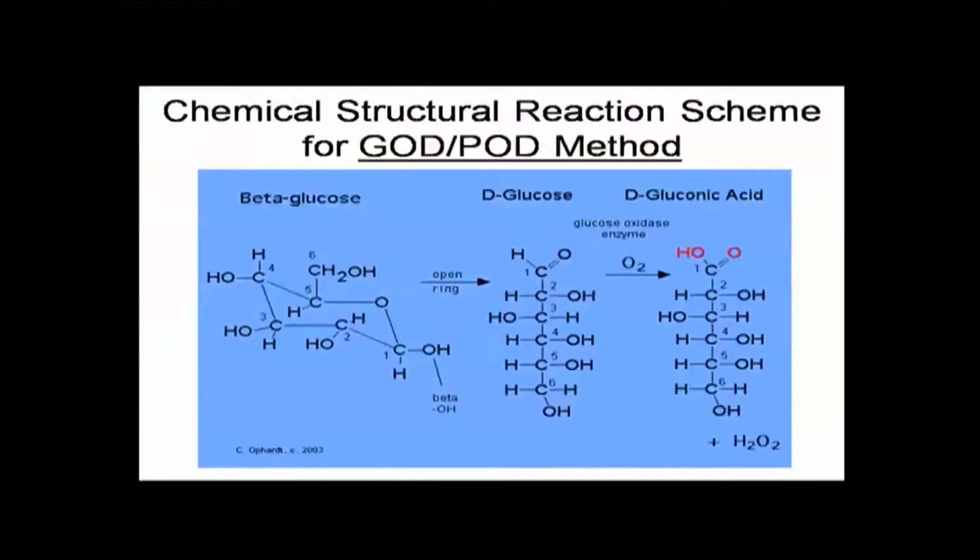So, the whole oxidase peroxidase method is based upon the principle of the action of glucose oxidase as well as the coupled reaction with peroxidase. This is the structural scheme of the reaction. From the ring structure of glucose, the open structure is first produced and it gives rise to oxidized gluconic acid.